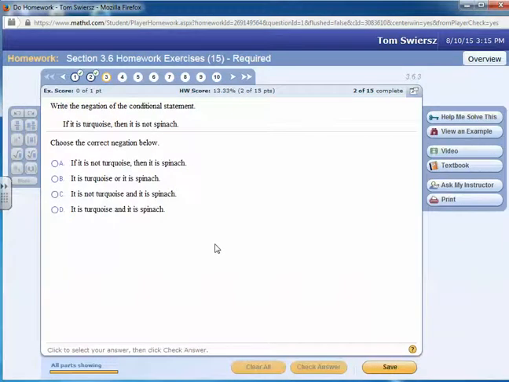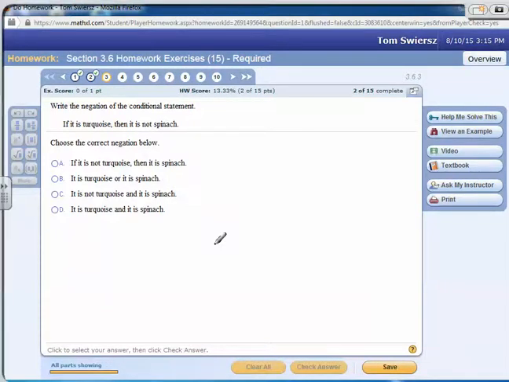All right. Write the negation of the conditional statement: if it is a tortoise, then it is not spinach. Okay, so if it is a tortoise will be P, then it is not spinach will be Q. Now remember, the negation of a conditional: what do we say?